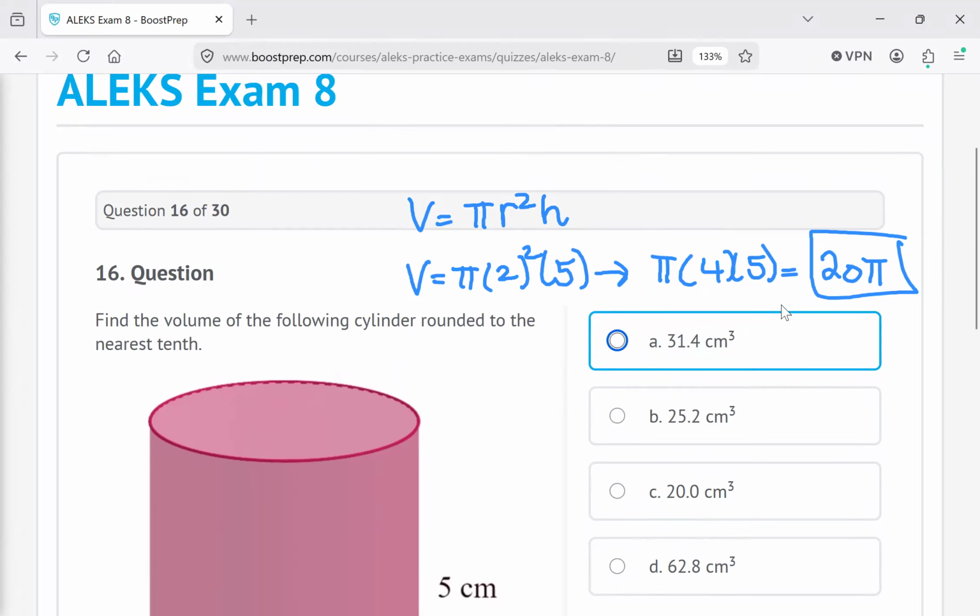Oh, and then you've got to replace pi. They want exact values, so replace pi with 3.14. If you put that exactly in the calculator, you get 62.83 centimeters cubed. Okay, so that is D.